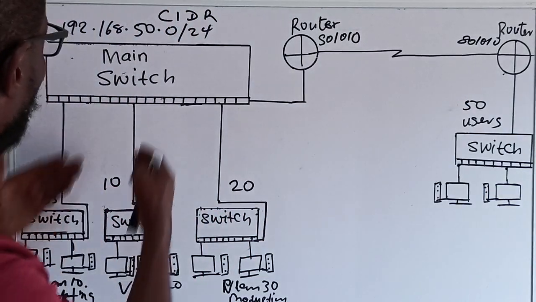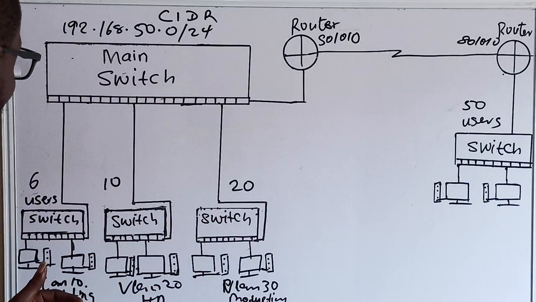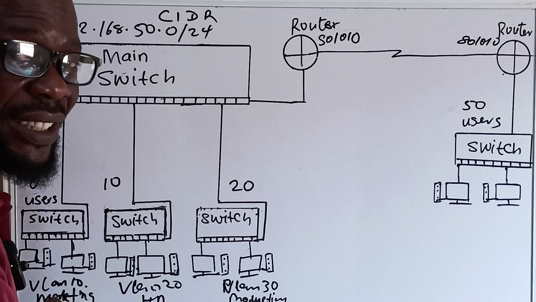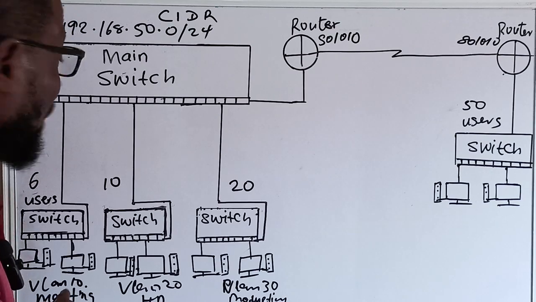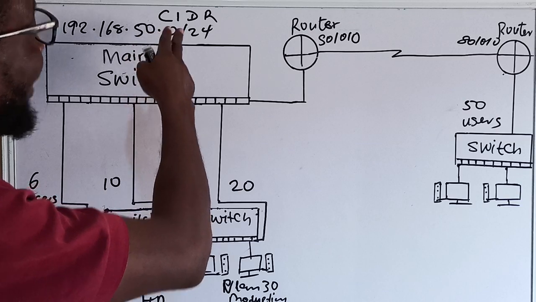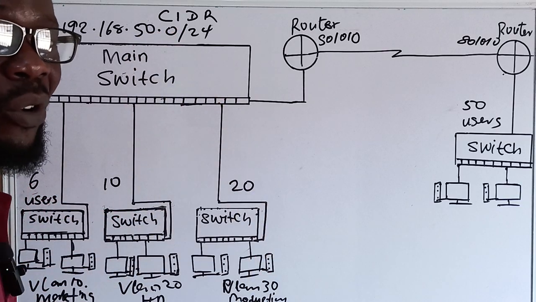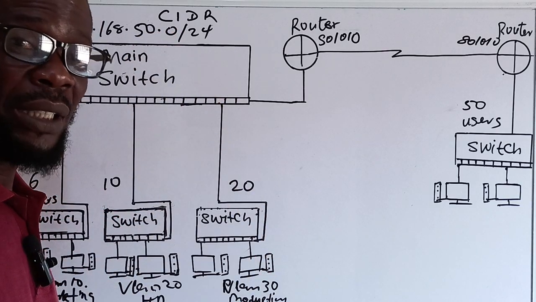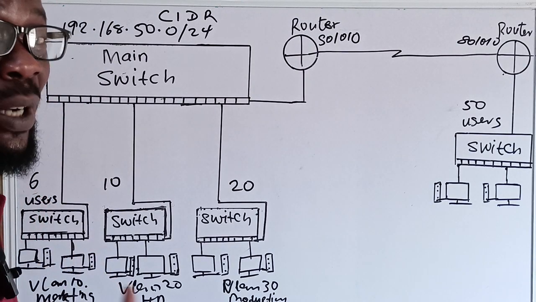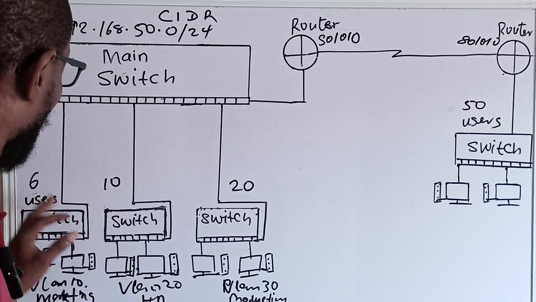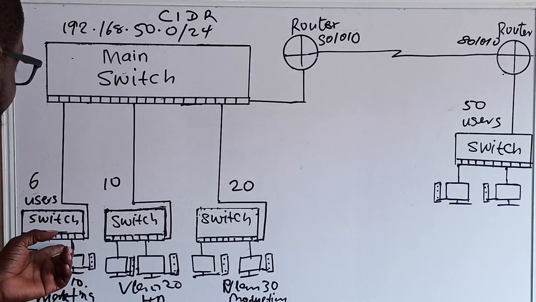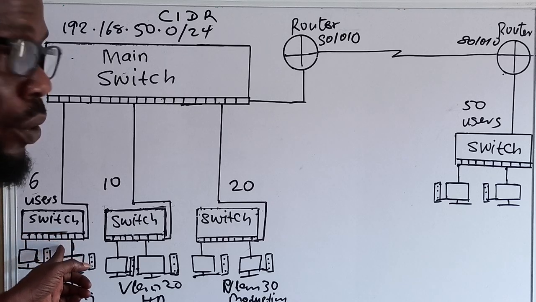Now look at this network structure. We have VLAN 10, the marketing VLAN, and we have 6 users in it. You don't need to assign a class-wide IP address that contains so many IP addresses here, which means you have wasted IP addresses. You need to design an address that suits this, maybe one that contains about 14 hosts.